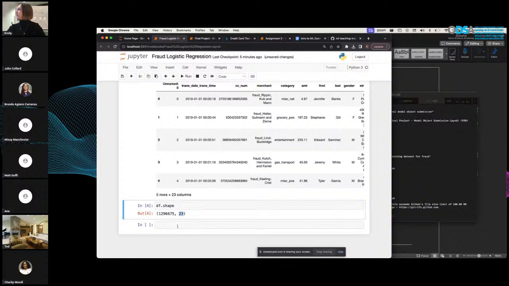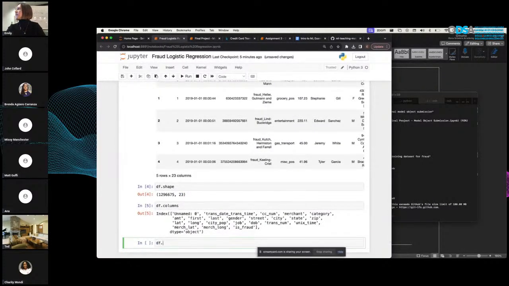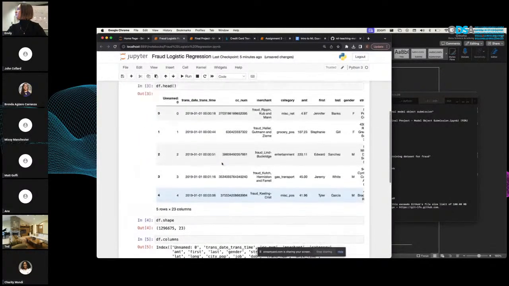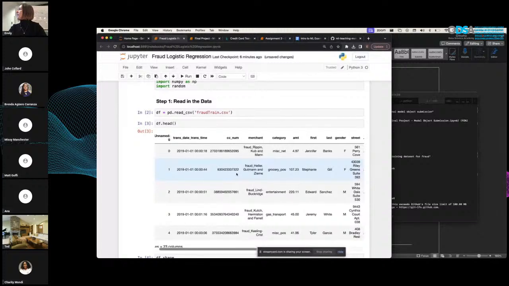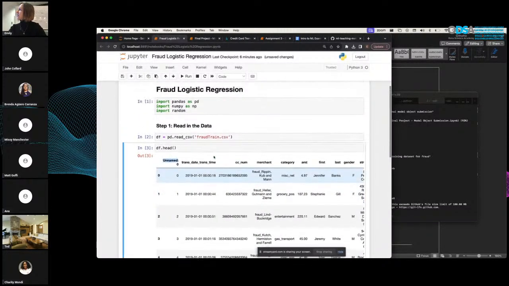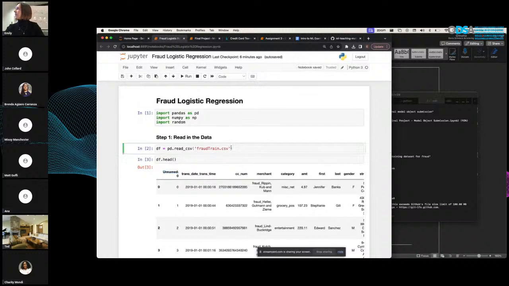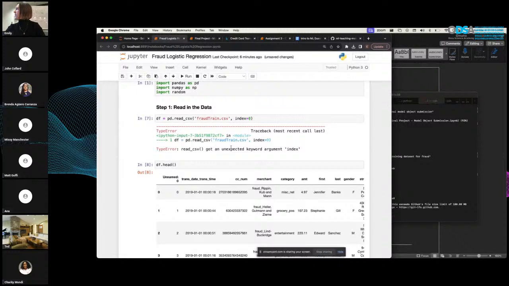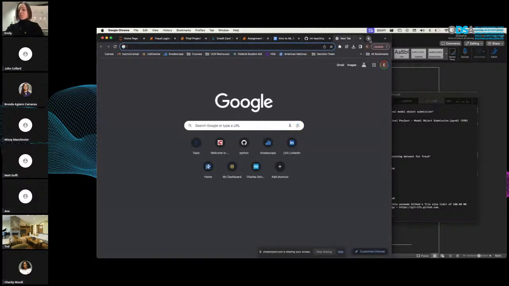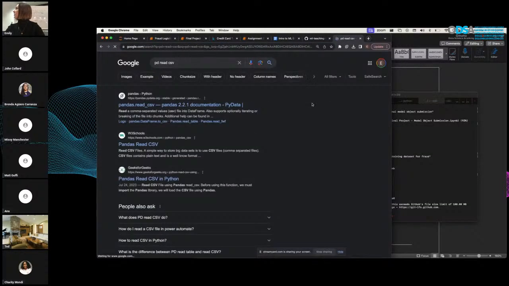It's got 23 columns. We can do df.columns, and we can do df.dtypes. We can see what kind of types they are in these columns. We can see that we have a variety, like transaction time. Oh, look, I have an unnamed column. There's a way to get rid of that index column in read CSV.